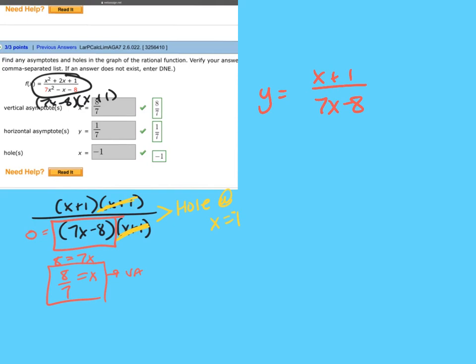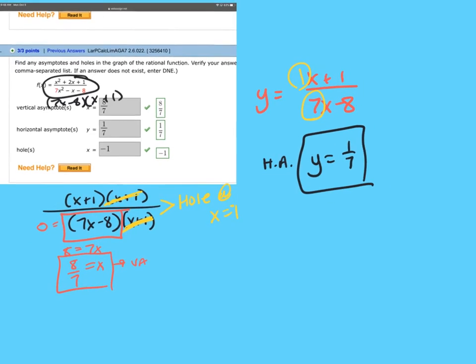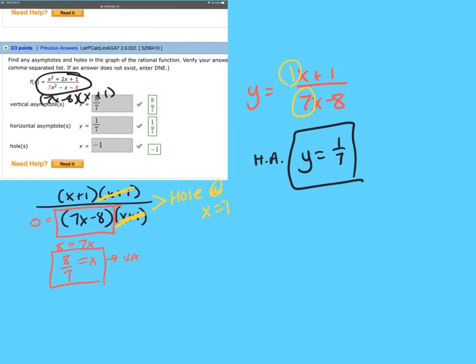Now I'm graphing this. The exponents in the top and the bottom are the same, which means it's the leading coefficients, 1 over 7, so my horizontal asymptote is y equals 1/7. So there's my vertical, there's my horizontal, and my hole at -1.